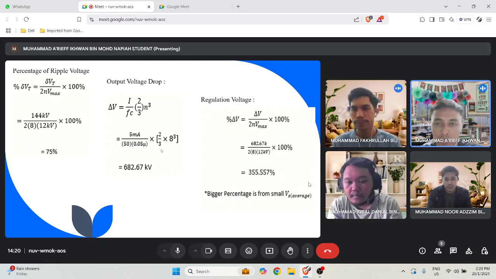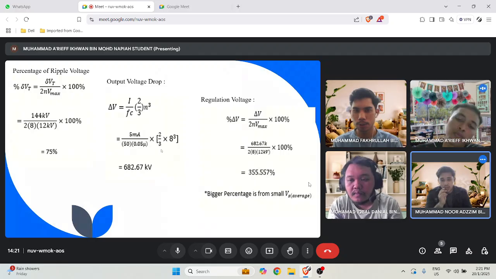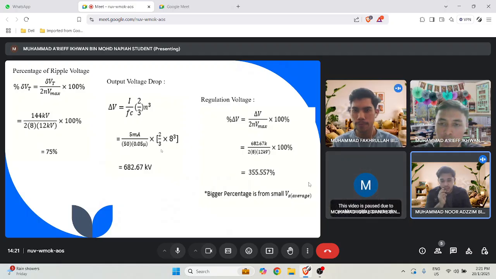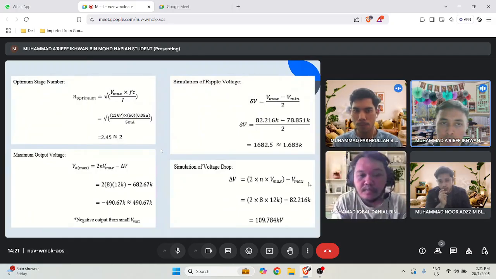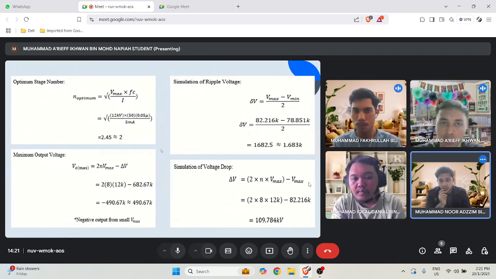So 682.67 kilovolt will be divided by 2 times 8 times 12 kilovolt times 100%, and the regulation voltage is a bit high because the Vs average is small. So we will get 355.557%.